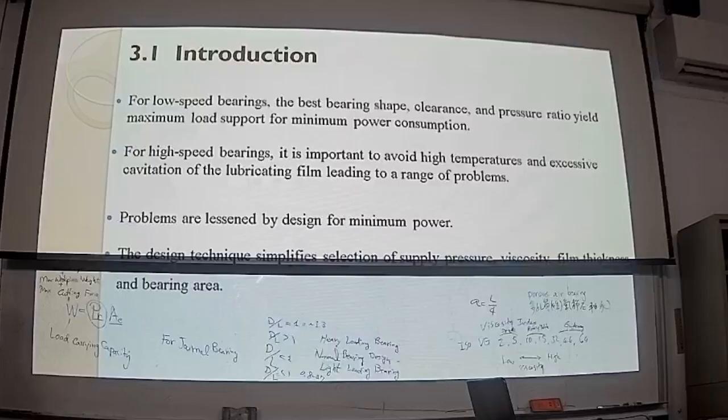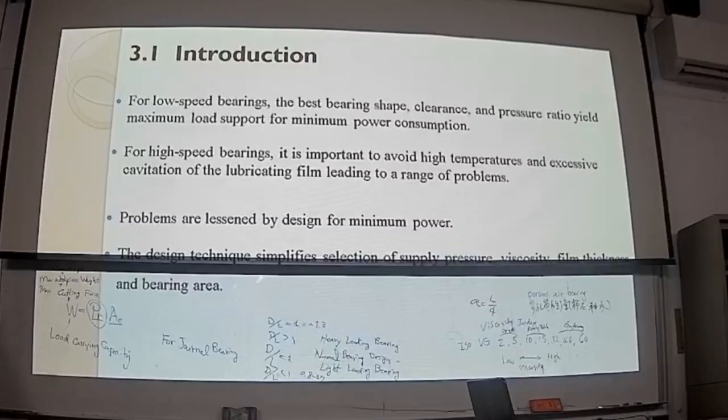In this chapter, we give you the proper choice for your pressure ratio. In the second chapter, we discussed the pressure ratio, recess pressure divided by supply pressure. For different restrictors, you have some range to choose your pressure ratio.